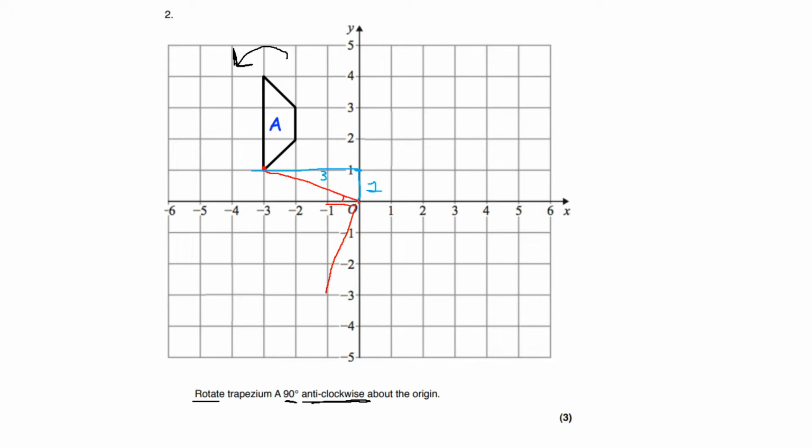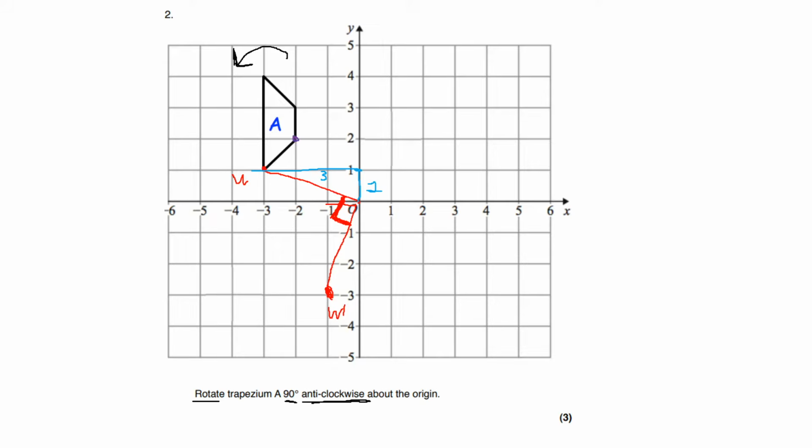So therefore, this is perpendicular. Okay? And because this is perpendicular and it's the same length, very important, it's the same length, we can call this, if this is W, we can call this one W prime.